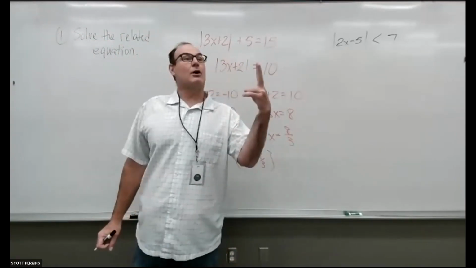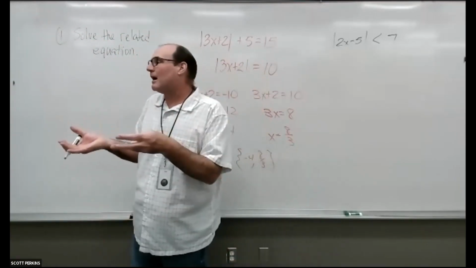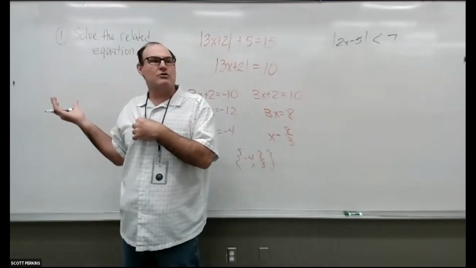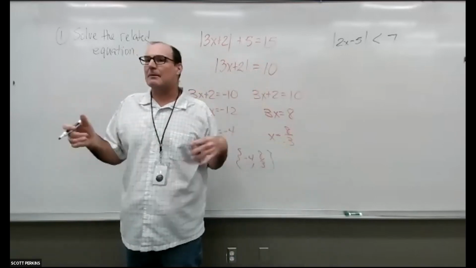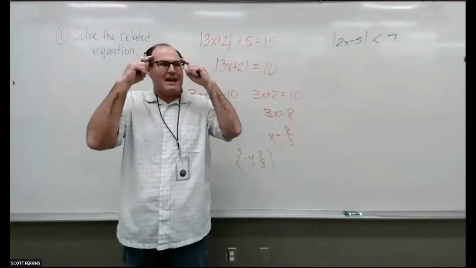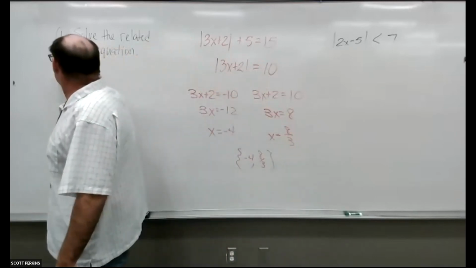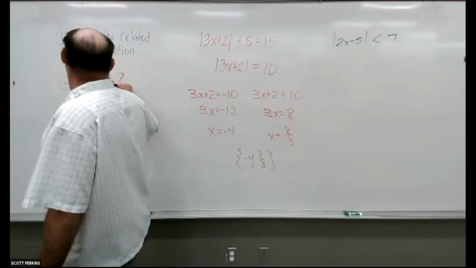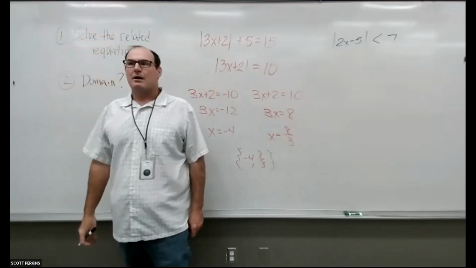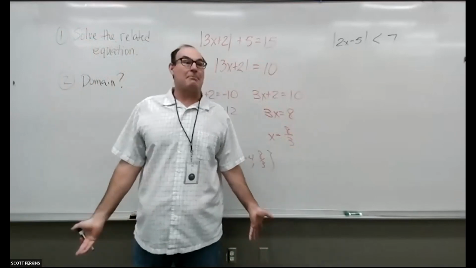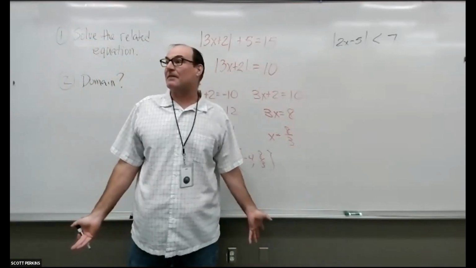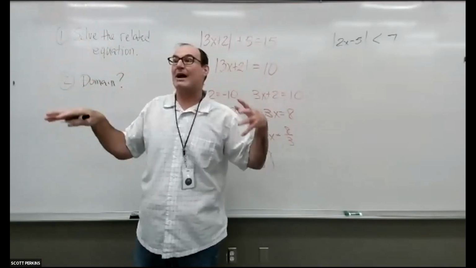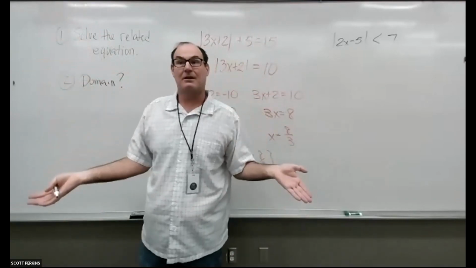Now, the second thing you're going to do doesn't really affect our absolute value too much. It won't affect us when we do our quadratic, but it's a good habit to make sure it's in your brain somewhere. The second thing you want to do is ask, what's the domain? Well, what's the domain of any absolute value? Think about the graph, the V. How far left and right does the V go in our graph?